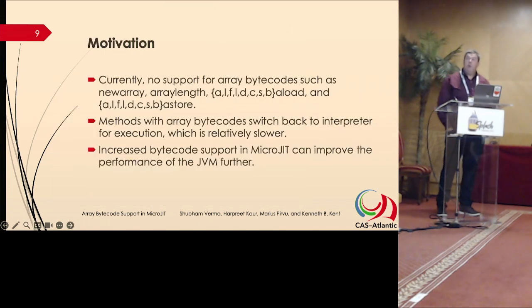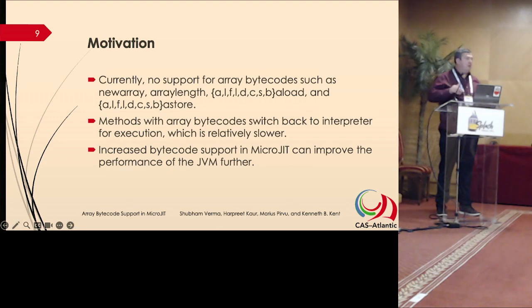So the motivation for our work is that currently there's no support for array bytecodes, such as newarray, arraylength, the star aaload, and the star aastore bytecodes. Methods with those array bytecodes effectively switch back to the interpreter. So as soon as we look at them for MicroJIT compilation, we see one of those there.